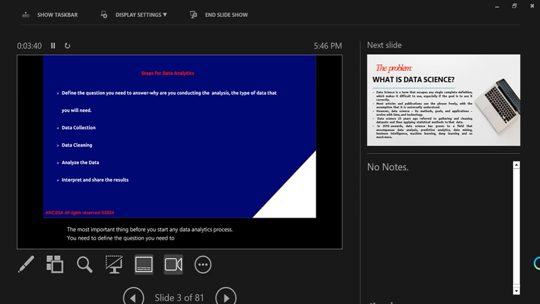That is, why are you conducting the analysis, and also what kind of data do you need. We understand that in organizations we have a lot of data, right? Not each and every kind of data that you have will be used. So we have only relevant data that will be necessary for specific kind of analysis.